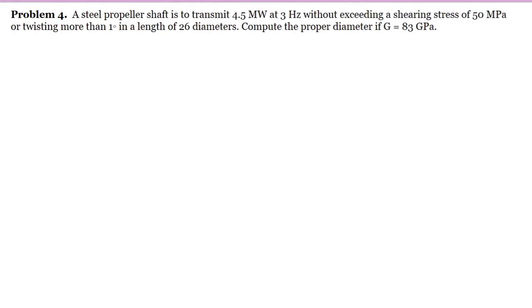So from the idea of the power transmitted by the shaft, we have power is equal to 2 pi Tf, wherein T here is the torque, f is the frequency, and P is the power in watts.